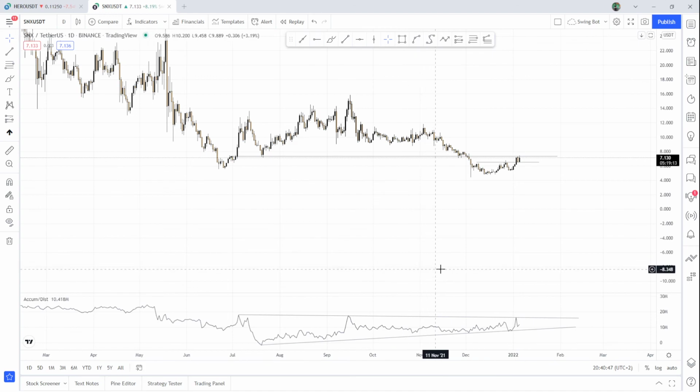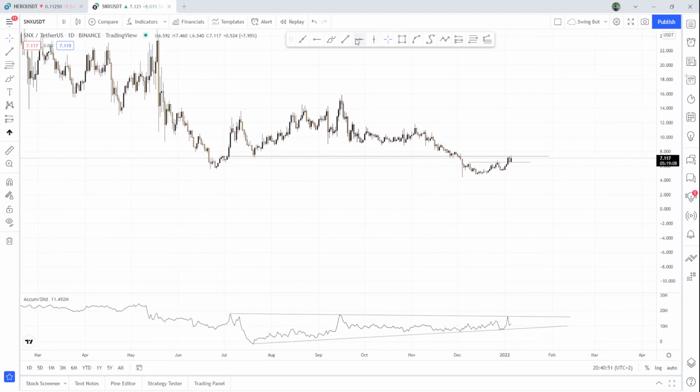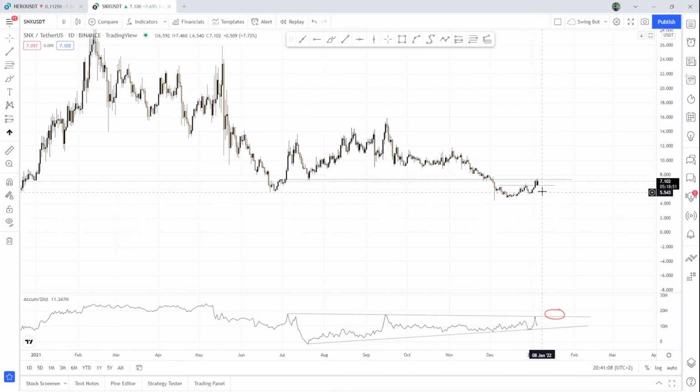This one is okay. So this is the one that I drew. Okay, this is the important one. After it's gonna break this one, the price is gonna pump upside, okay, and not here.